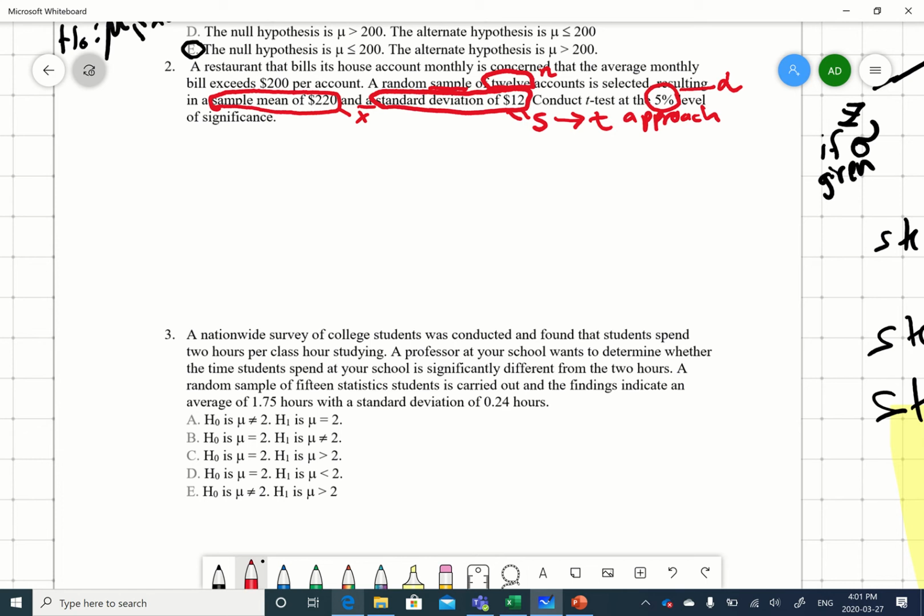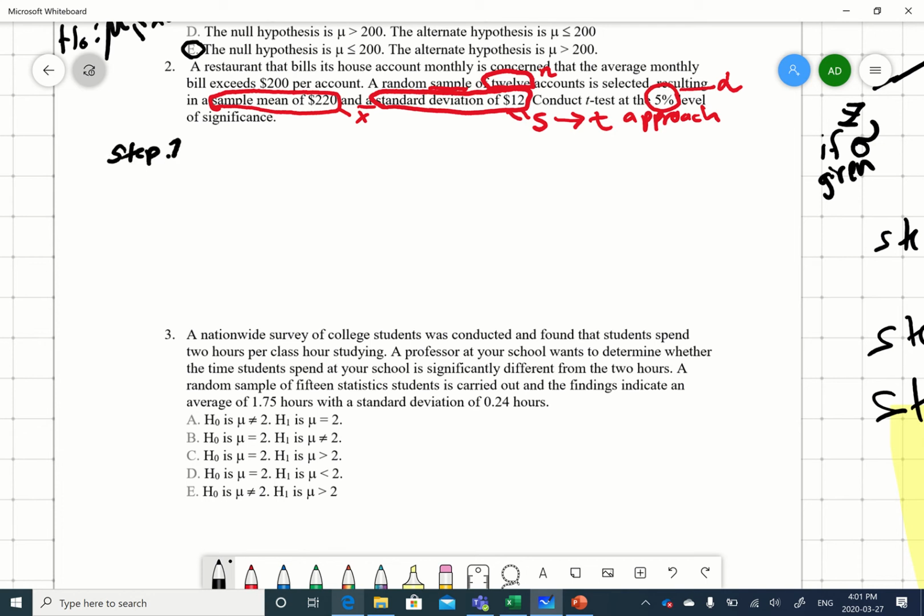Okay, right. So we have everything we need. We just need to learn how to run MegaStat and get the test statistic and get the p-value, right? I'm just going to roughly write down the steps, because for an exam you must write it in this form. So step 1.